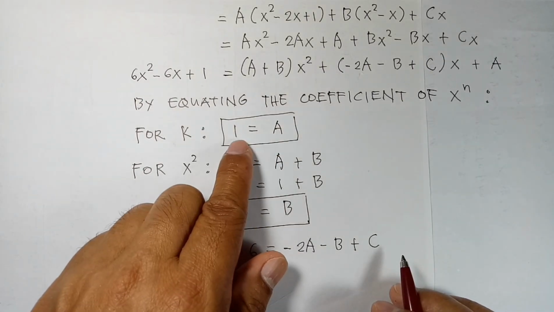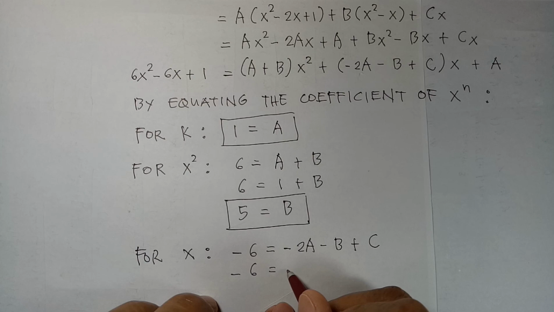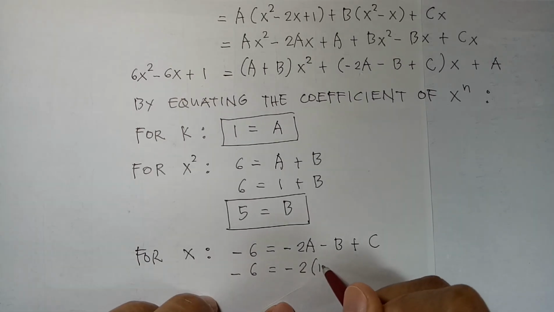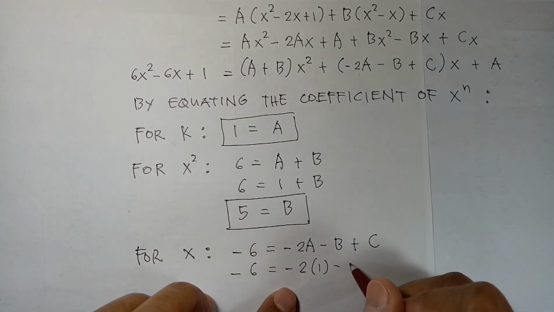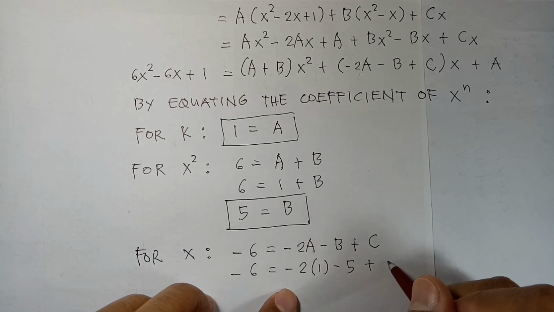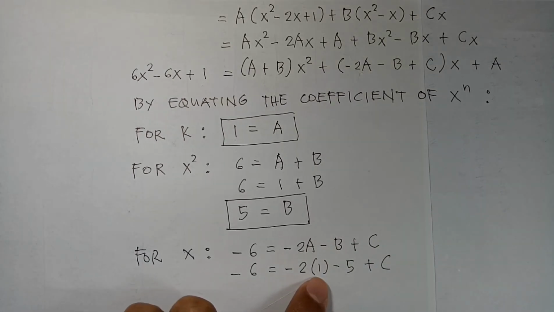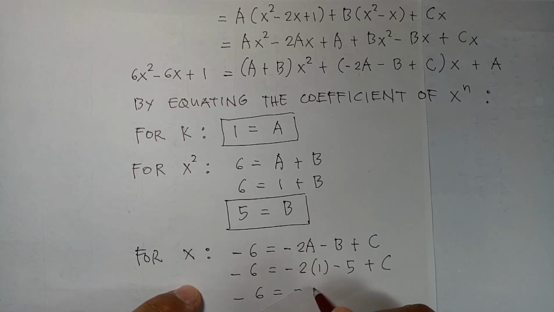We have a equals 1, so negative 2 times 1. b equals 5, so minus 5. And then plus c. So negative 2 plus negative 5 is negative 7. So negative 6 equals negative 7 plus c. Therefore, c equals 7 minus 6, or c equals 1.